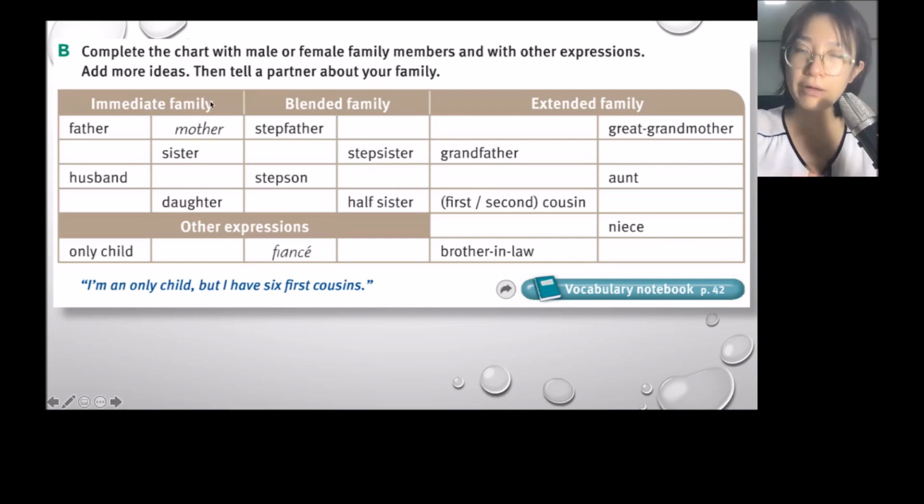And then if unfortunately your parents get divorced and they may remarry, right? Your original family is divided, and then your mom or your father may marry someone else, and they will form a new family by themselves.